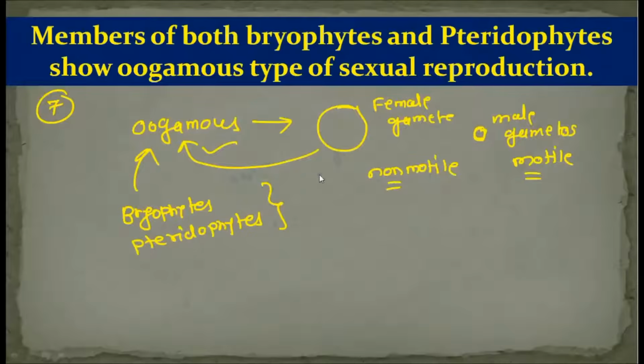That means they have larger, non-motile female gametes, while the male gametes are smaller and motile. Oogamous literally means that if the female gamete is larger than the male gamete, and the female gamete is non-motile and the male gamete is motile, then we say the reproduction is the oogamous type of sexual reproduction.